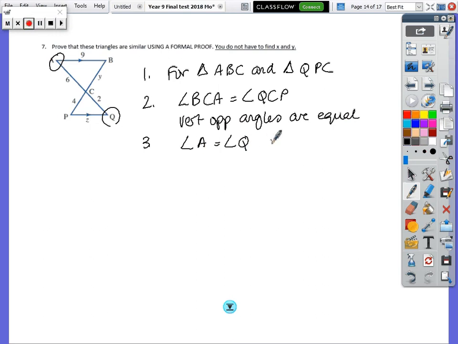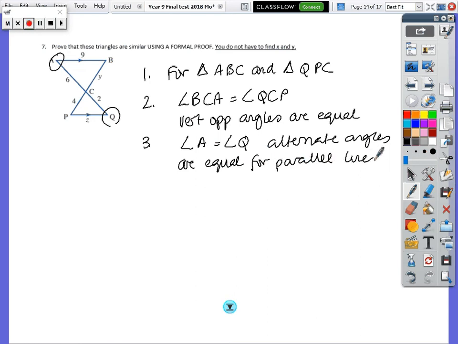The reason is alternate angles are equal for parallel lines. Next one is angle B equals angle P. There's alternate angles again, same reason.